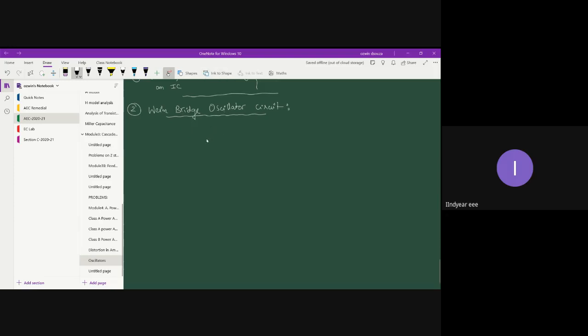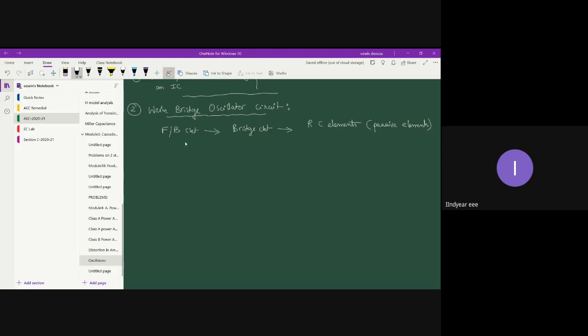But in the Wein bridge oscillator circuit, the feedback stage consists of a bridge circuit, and this bridge circuit is made up of RC elements. So once again, the feedback circuit is made up of passive elements. There are no active sources, only passive elements.